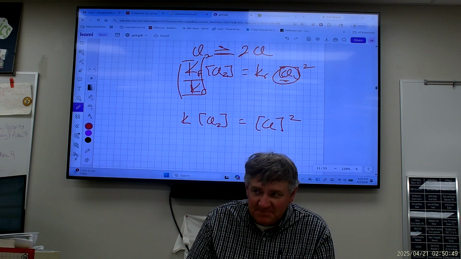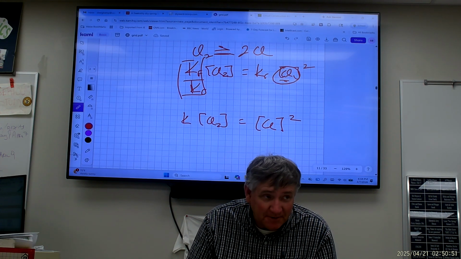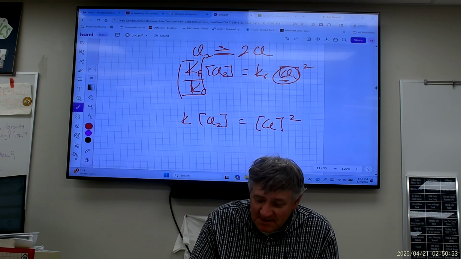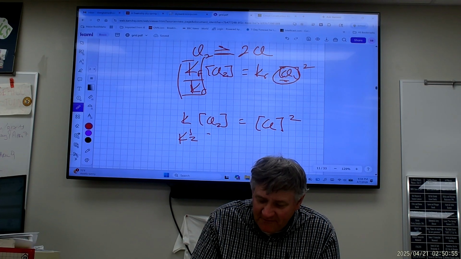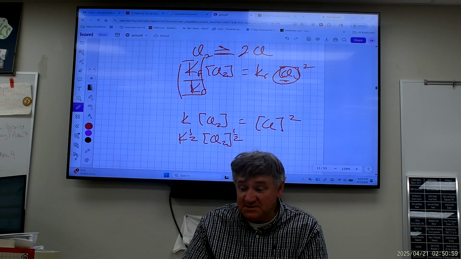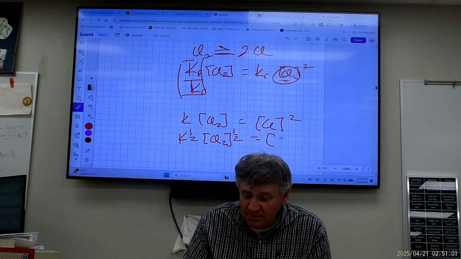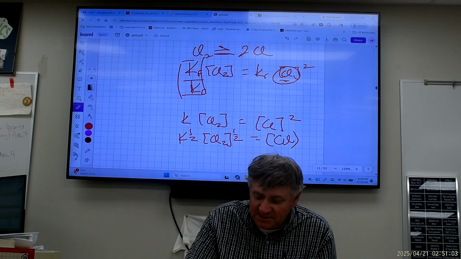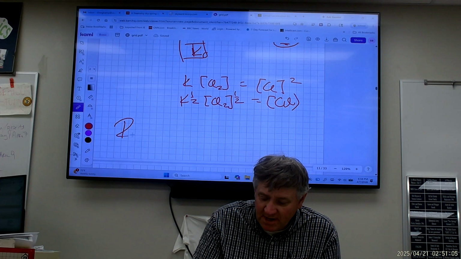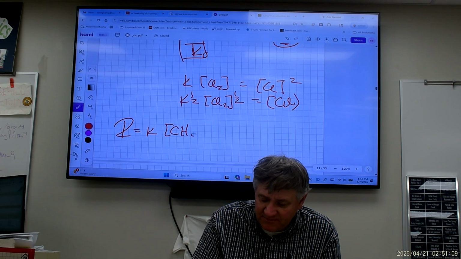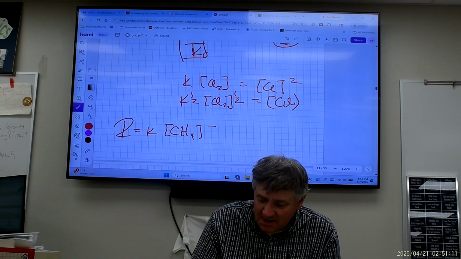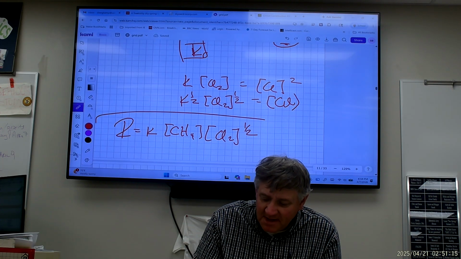So to get Cl by itself, what are you going to do? Square root of it. So you get K to the 1/2 times Cl2 to the 1/2. There's your answer. So what you would do for the overall reaction is that you would have R equals some K times the concentration of your CH4 times the concentration of your Cl2 to the 1/2.